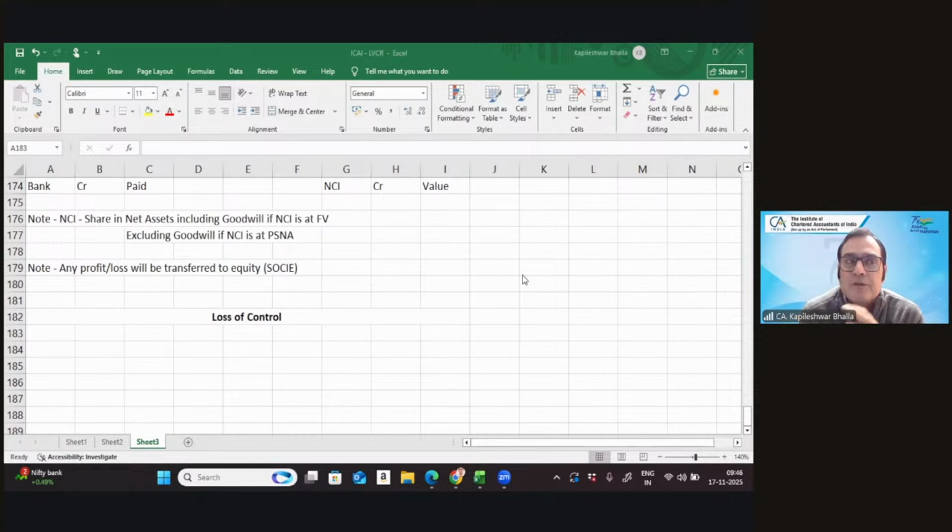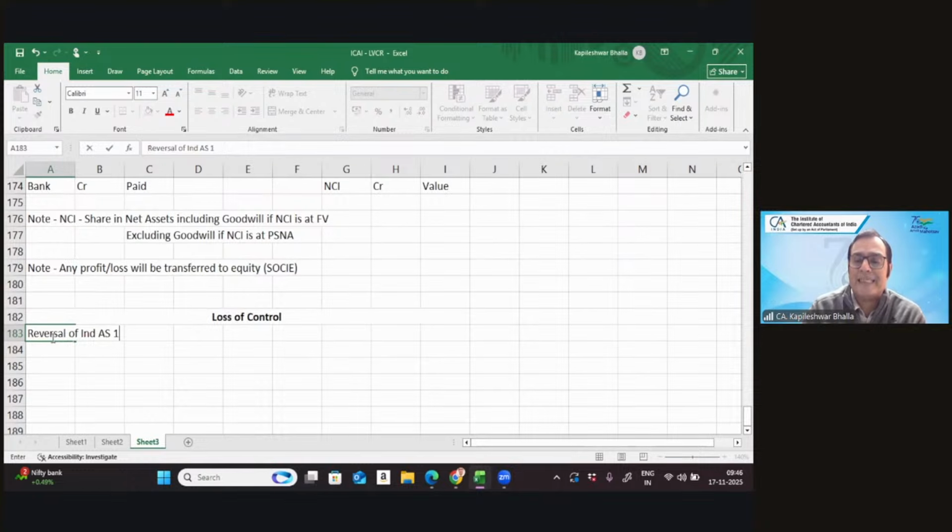And trust me, it falls in well irrespective of any permutation combination. Whether it's a conversion into an associate or a passive investor or full disposal, just do the reversal entry of 103. Absolutely. So what we do in this particular case is the reversal of the Ind AS 103 acquisition entry.